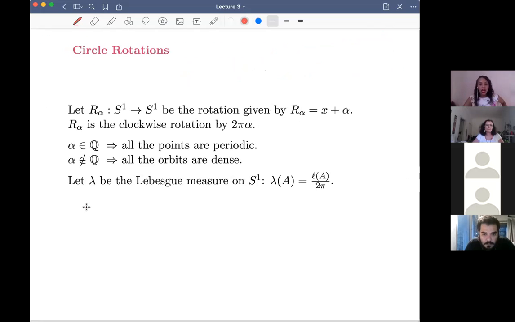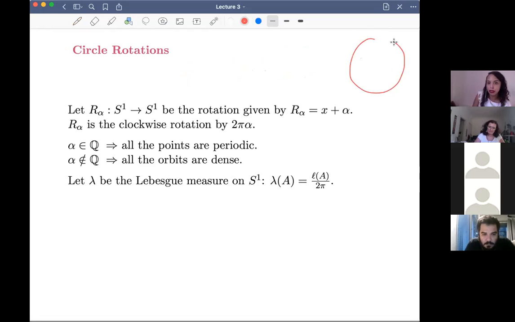Okay, so then let's introduce some measures to make it more interesting. Let's consider Lebesgue measure on the circle. Remember that Lebesgue on the line is just the length of the interval. Lebesgue on the circle, you can think of it as follows. You have the circle.